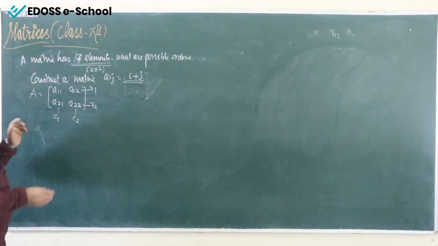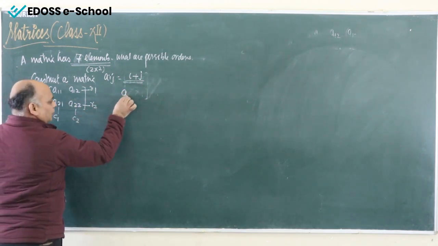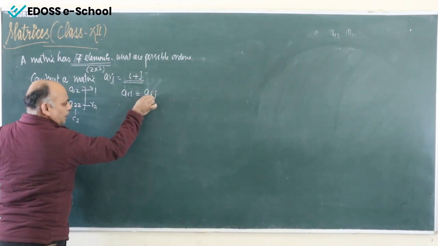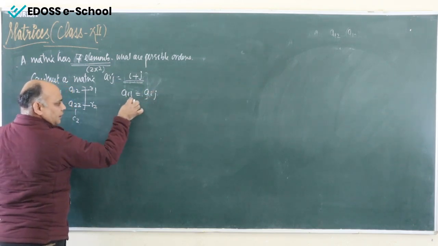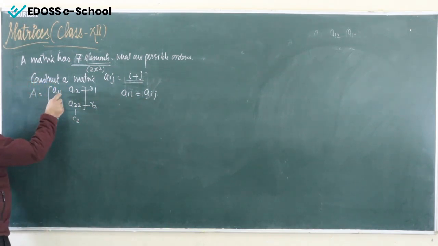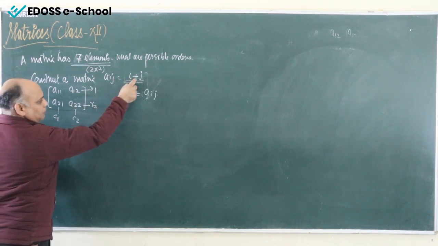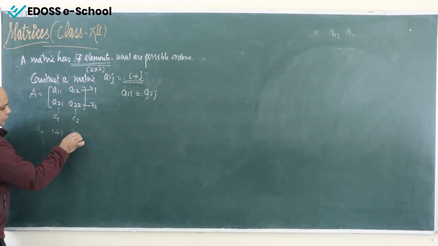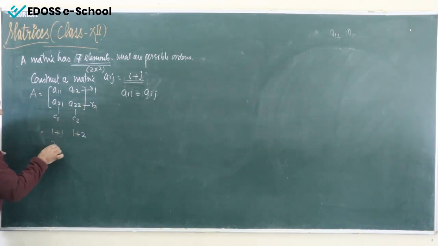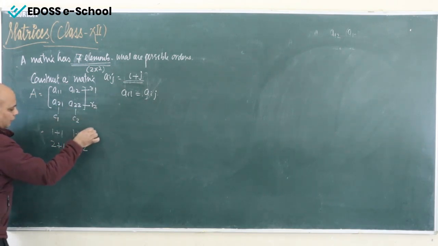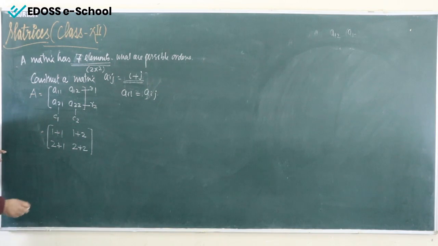I have told you that A11 means Aij, where i is the row and j is the column. Then for A11 you have to sum these. i plus j means you have to write 1 plus 1 here, 1 plus 2, this will be 2 plus 1 and this will be 2 plus 2, and you have to close it with a square bracket.